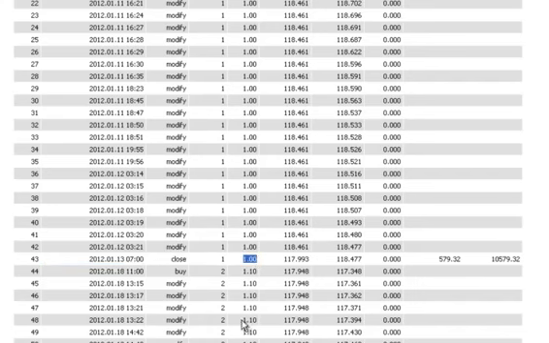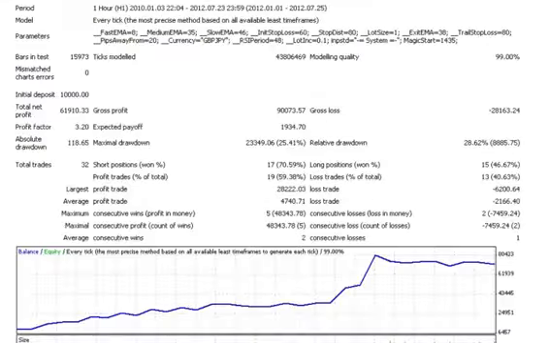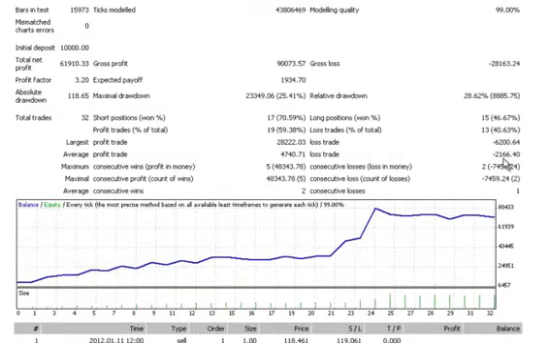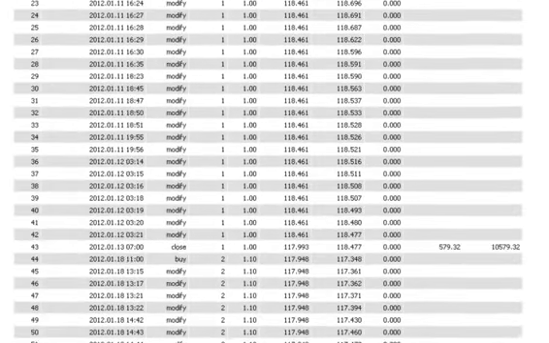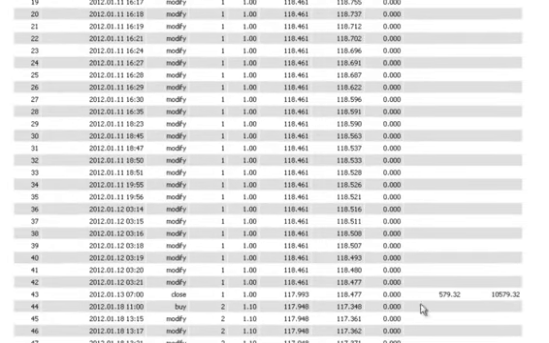Now, the lot size is directly related to the balance. So, although that may say we had 2 consecutive losses and it came out at 7.4, that would actually never happen in the early stages when the account's at 10,000, for the simple fact that we're not risking anywhere near that amount of money, because we're only using 1 lot.